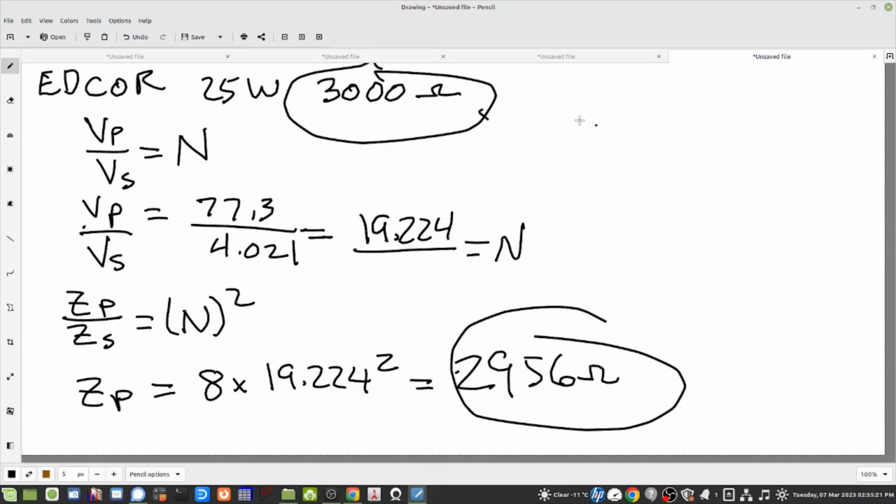And that's darn close to the listed impedance of the transformer.